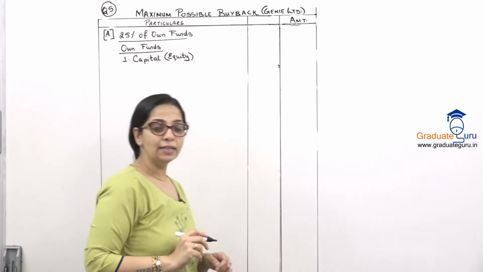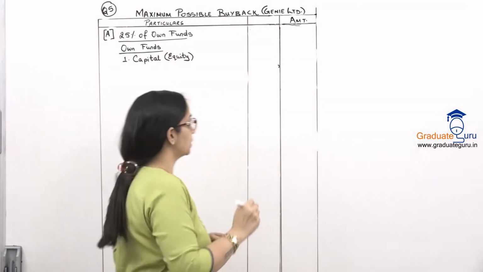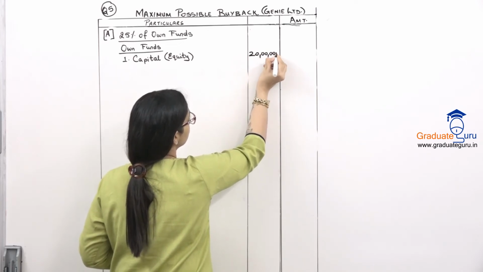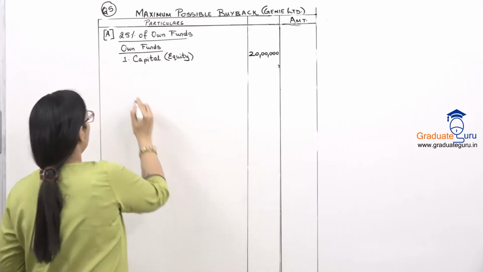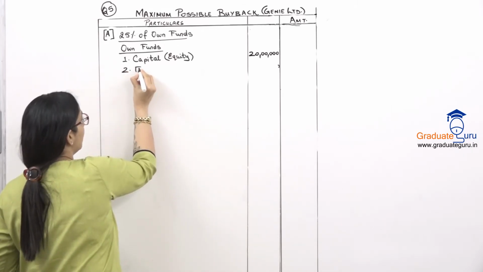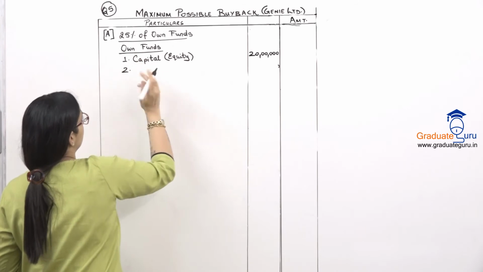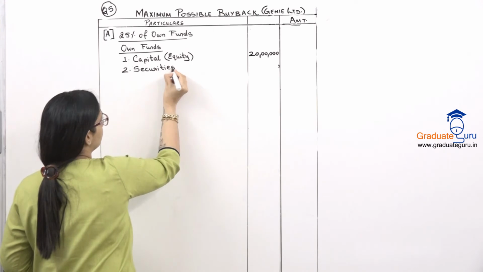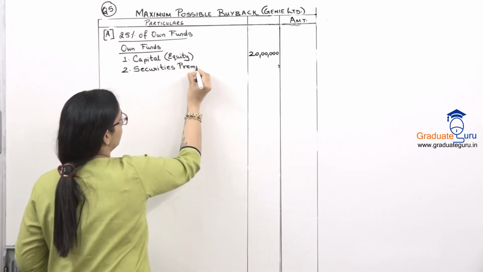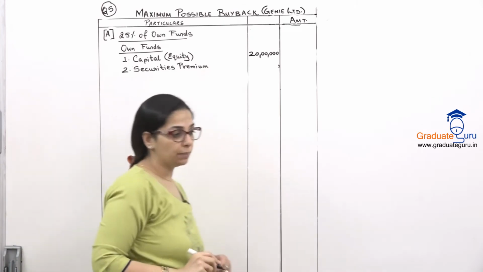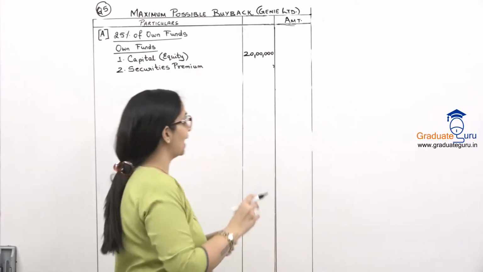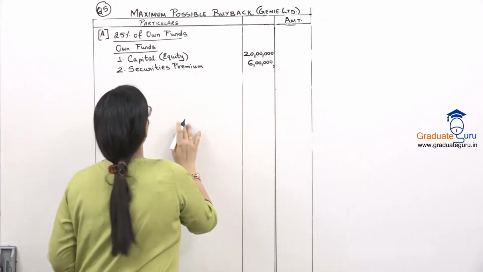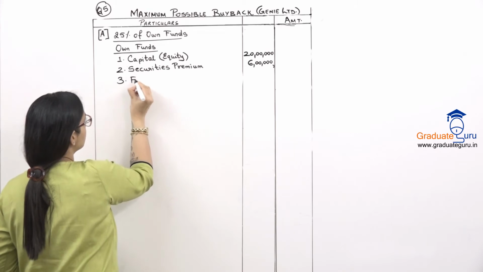So, we will directly take that amount, 20 lakhs. So, I'll write it in the inner column, 20 lakhs. Then, first we take our securities premium. After capital, we will take securities premium, which is again given to you in the sum 6 lakhs. Then we take free reserves.